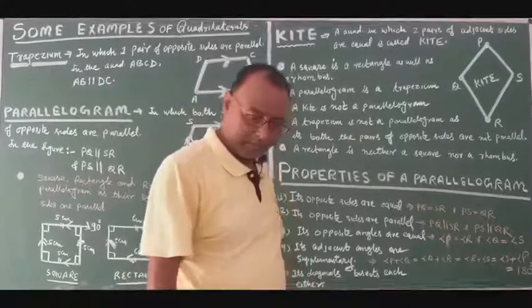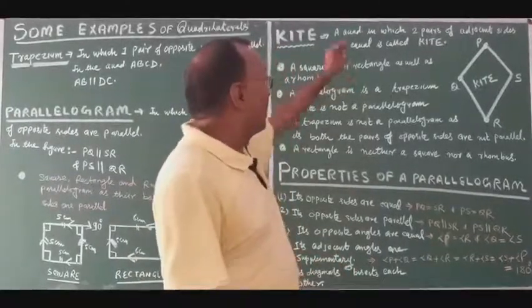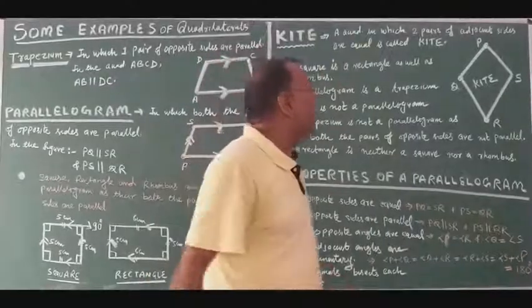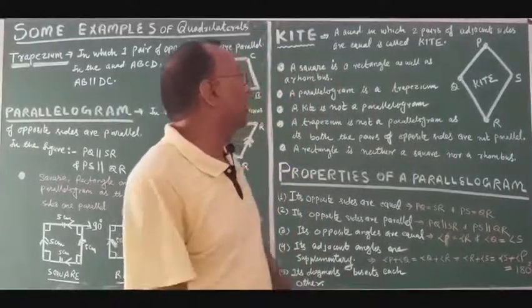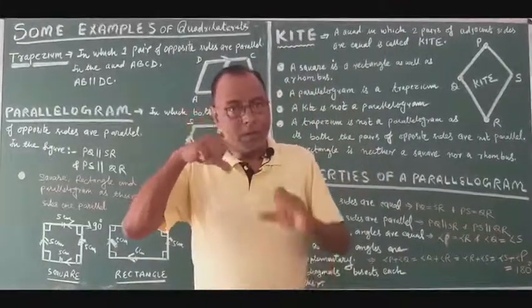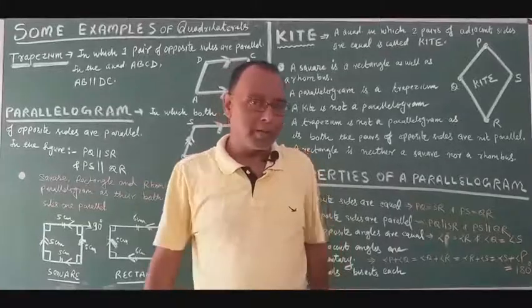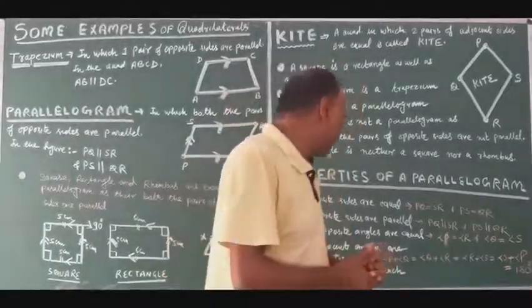Now, the next thing is kite. A quadrilateral in which two pairs of adjacent sides are equal is called a kite. Adjacent sides means, just look here.